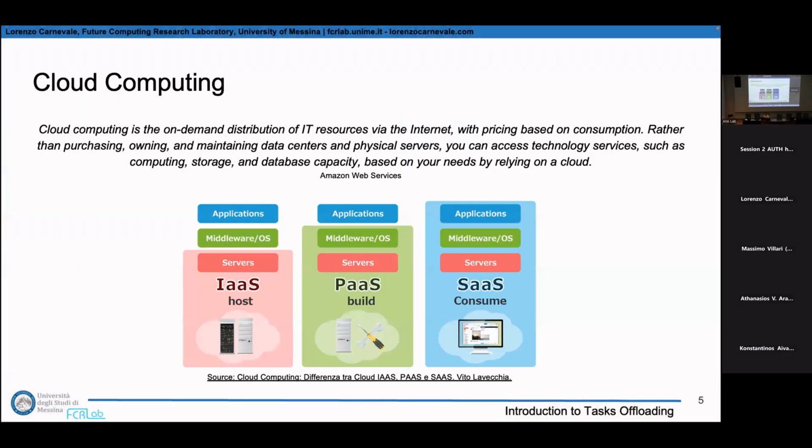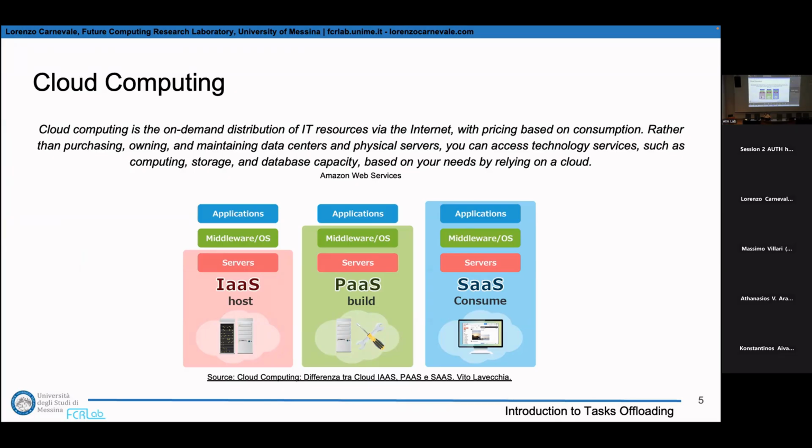About the introduction, I will not spend too much time on this because Professor Villari already introduced it, but it's important to understand that we start from the concept of cloud computing. This is a system that is able to distribute IT resources on demand, when the user requests it via internet, with this concept of utility computing, so pricing based on the consumption of these resources.